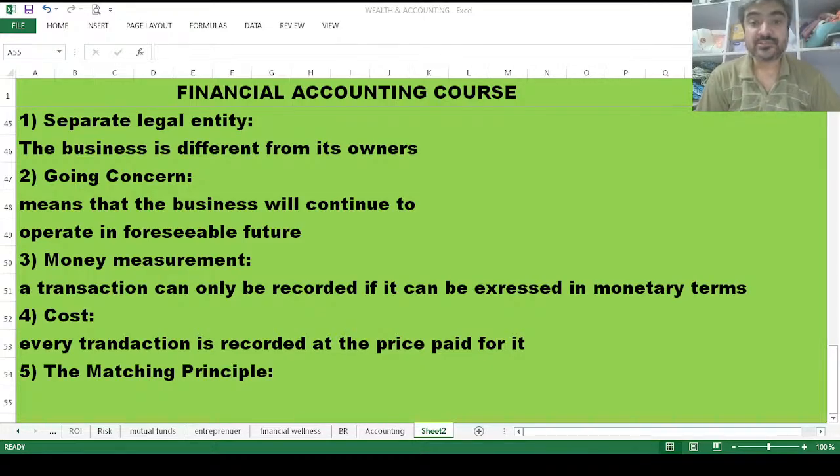On account of this concept, adjustments are made for all outstanding expenses, accrued revenues, prepaid expenses, and unearned revenues, etc., while preparing the final accounts at the end of the accounting period.